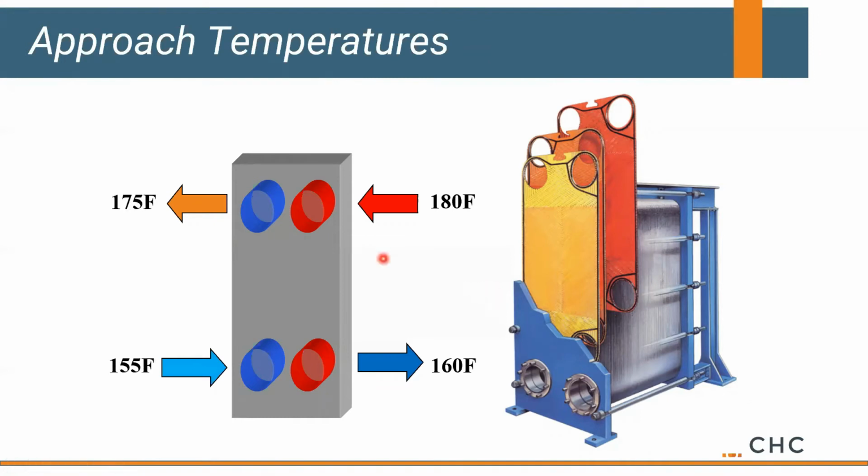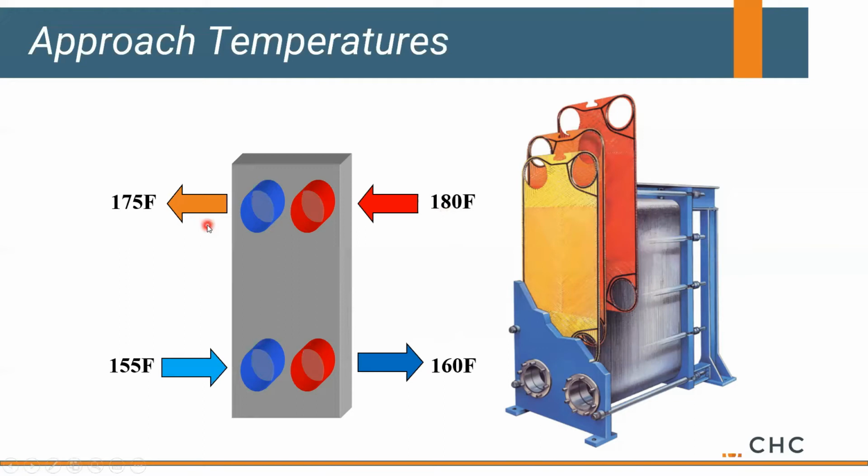But the answer would be, a good rule of thumb is within 5 degrees of our entering water temperature, not our leaving water temperature. So if you think about it, it's a 5-degree approach to 180 degrees. Not the 155 we were seeing from our shell and tube, which is a 5-degree approach to our leaving water temperature, or a 25-degree approach to our entering.